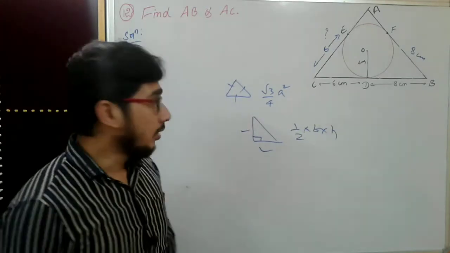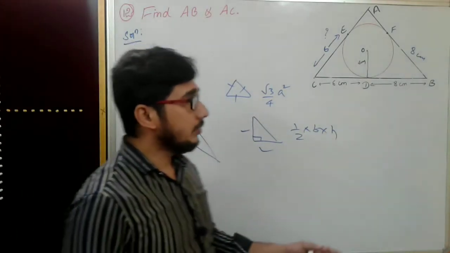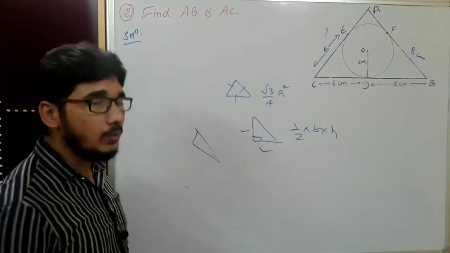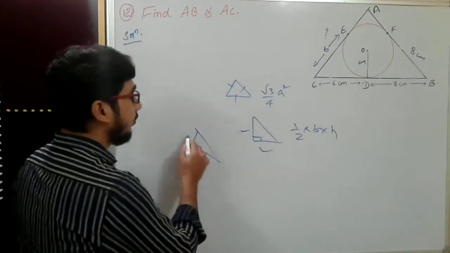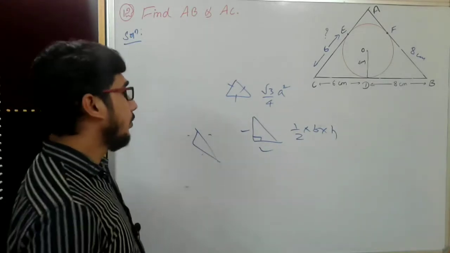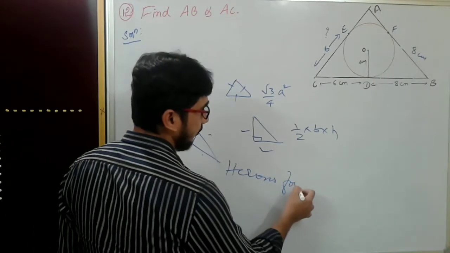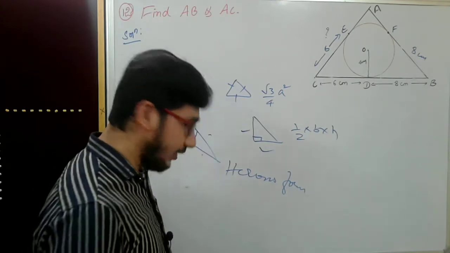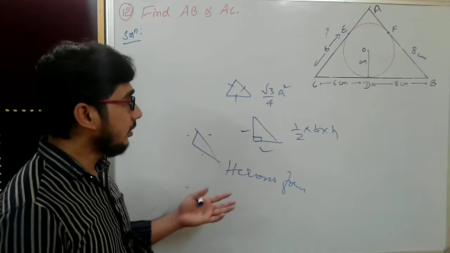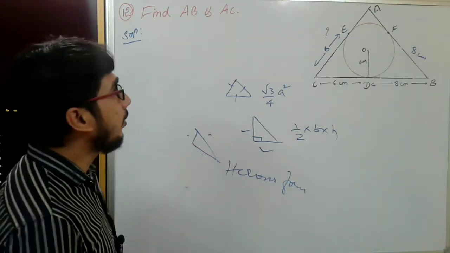When there is a scalene triangle and the sides are given, we have to find the area with the different sides of the triangle, so we use Heron's formula. You have already studied Heron's formula in 9th standard. By solving this we will recollect that, and then solve the problem directly.